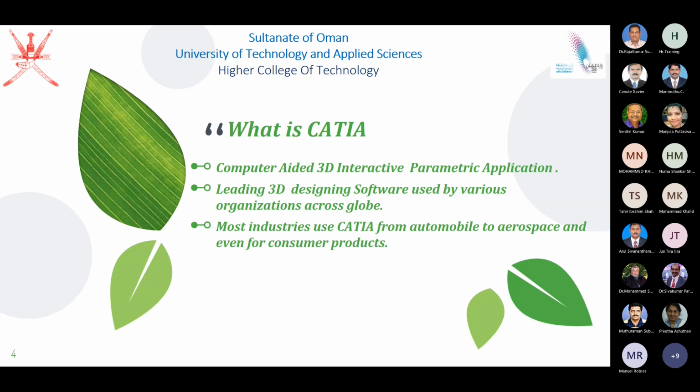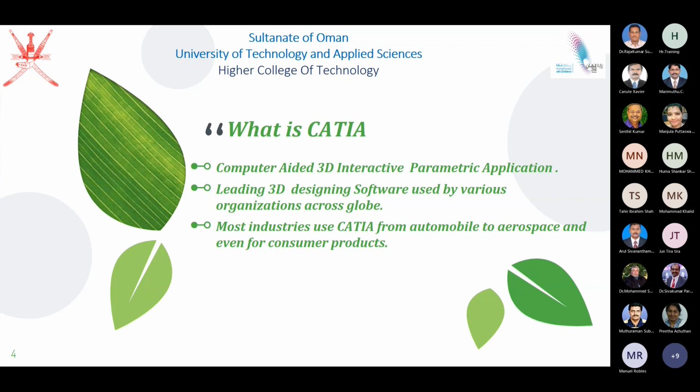The basic meaning of a parametric application is that whatever drawing, assembly, part model, or product model you have created, you can still make changes to it. Even the basic sketch can be updated or modified, and the modifications you make in the basic sketch carry through till the end of the product. That is why we call it a parametric application.